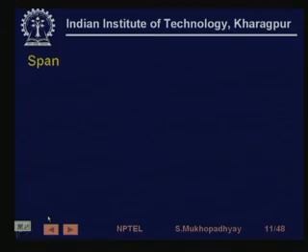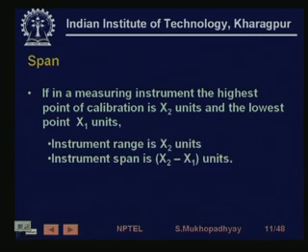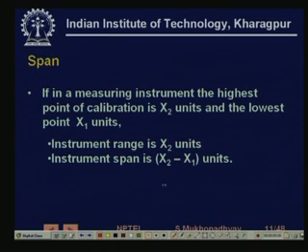These are the static characteristics. So we begin with span. It says that if in a measuring instrument the highest point of calibration is x2 units and the lowest point is x1 units, what we are trying to say is that the instrument has been calibrated to work between 2 points, right?